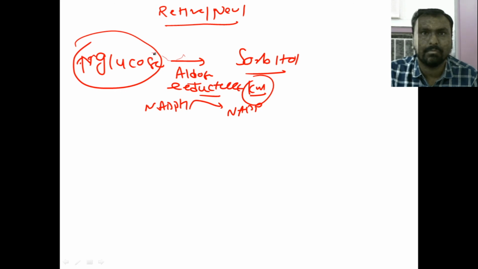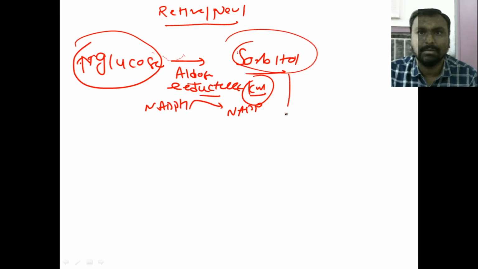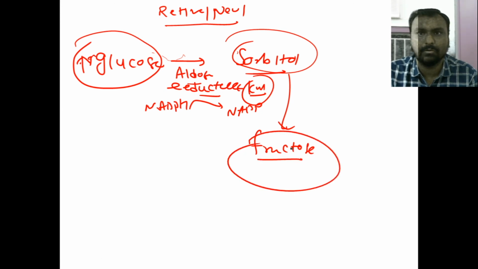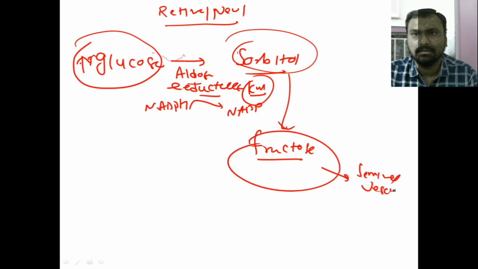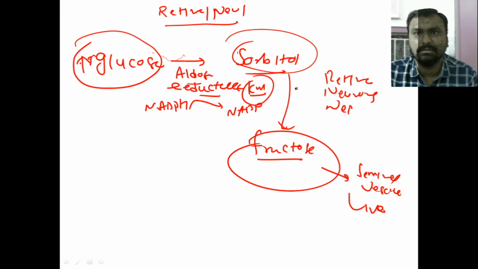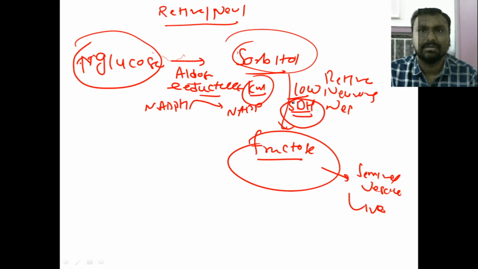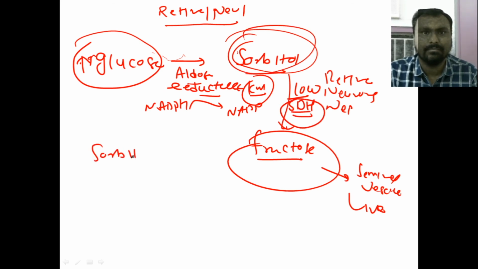So excessive amount of glucose will be converted to sorbitol, but sorbitol will not be converted to fructose. It is converted to fructose only in the seminal vesicles and liver. In other organs like retina, neurons, Schwann cells or nephrons, there is a very low level of sorbitol dehydrogenase enzyme. So sorbitol will accumulate. Once sorbitol is accumulated, it is an osmotically active agent, and draws the water.